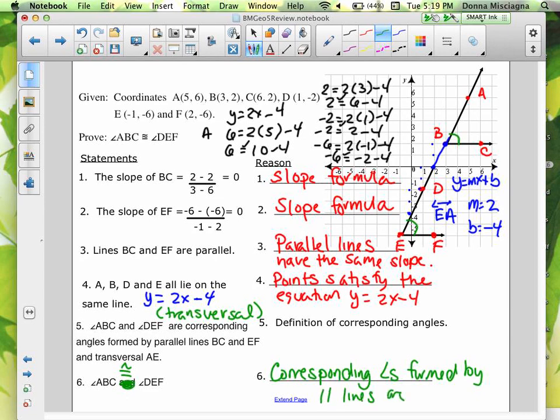So in the step above, we just said that we should show that they were corresponding angles. Corresponding angles, they don't have to be congruent. They're only going to be congruent if the lines are parallel. Because our lines are parallel is the reason that those corresponding angles are congruent. And now we've proven those angles are congruent.